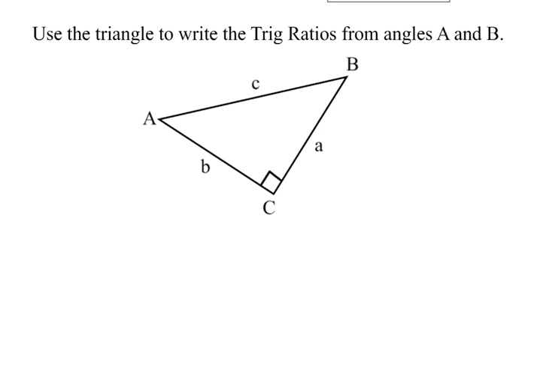All right, here we're going to use the triangle to write the trig ratios from angles A and B, not angle C, because we never start from the right angle. Okay, so here we go.